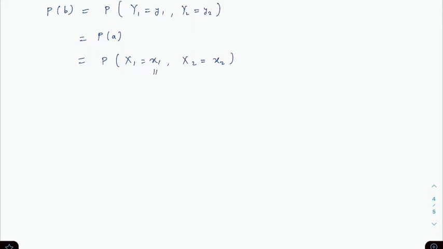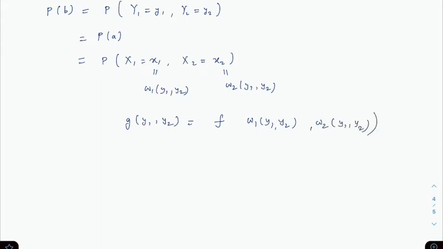These in turn are functions of y1 and y2. So the probability density functions can straightforwardly be compared as g(y1, y2) equals f of w1(y1, y2), w2(y1, y2), and you can note that there is no Jacobian in the discrete case.